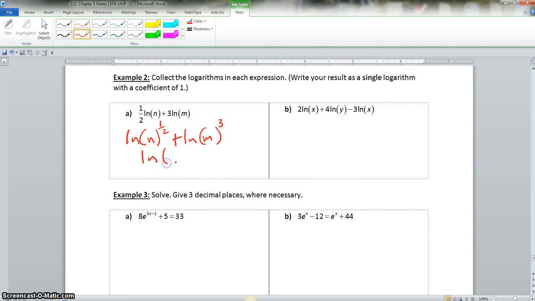It'll be the natural log of n to the 1/2 power times m to the 3rd power. Now, we could make this into a radical, so this could be your answer, or we could write natural log and have the square root of n times m to the 3rd power. Either one of these will work.